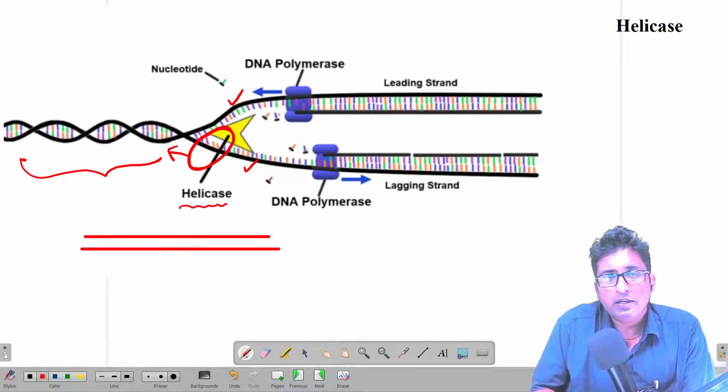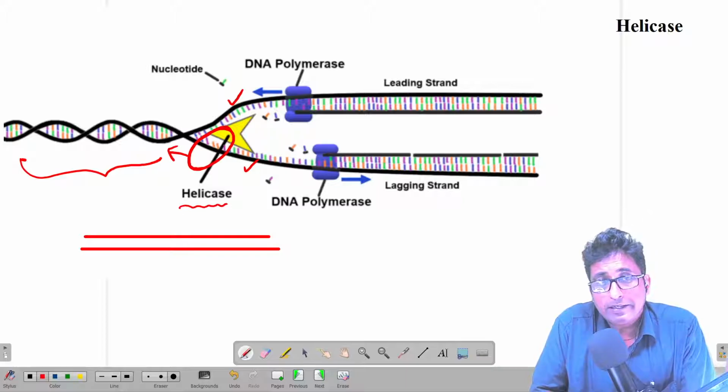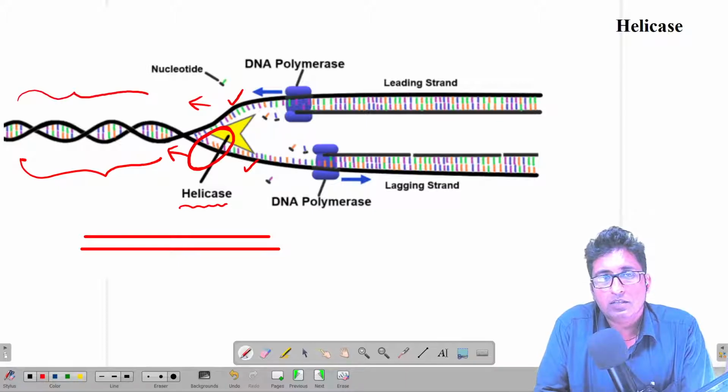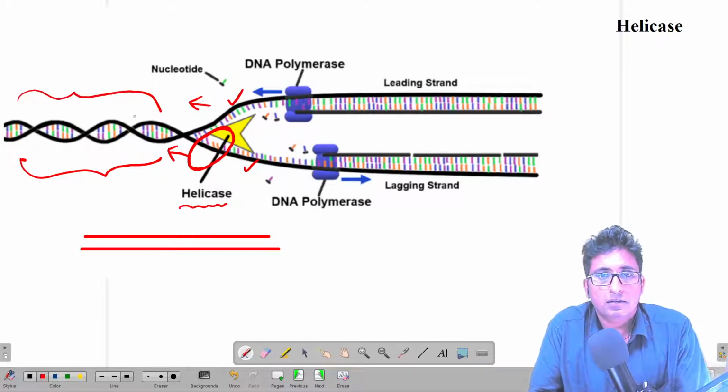Then say Helicase is moving in this direction, the supercoiling, or the twists, are increasing.